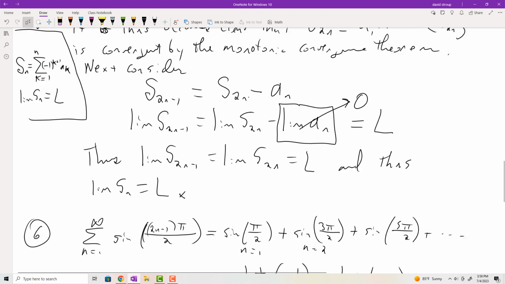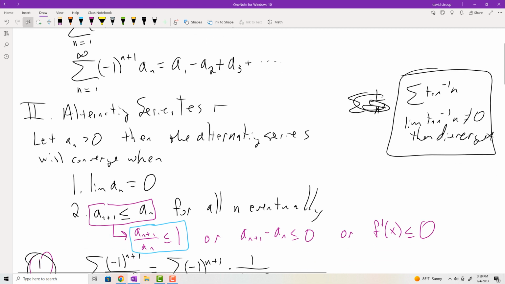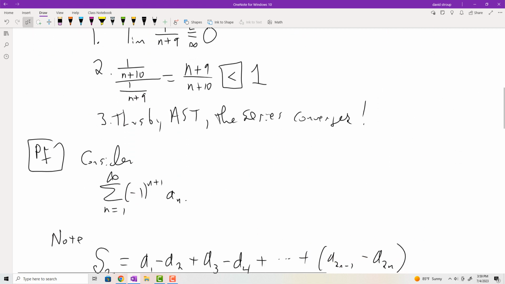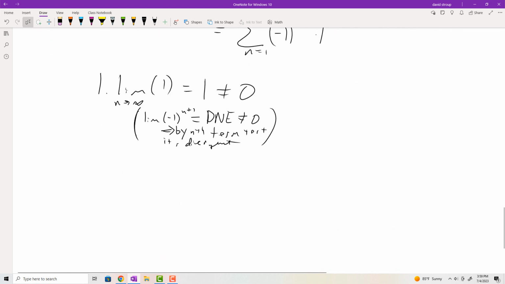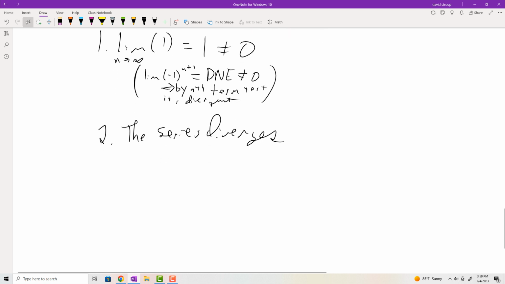So if that first step does not pan out for you, so if the limit of a sub n does not equal 0, I'll allow you to automatically conclude that the series diverges. But technically, it's not from just doing the limit of the a sub n portion. It's actually the nth term test that you have to do, but I think we're okay with making that leap of faith. Okay, so that guy's divergent.